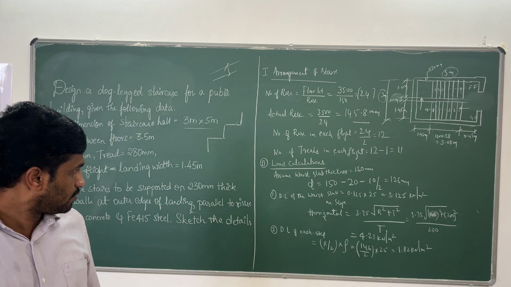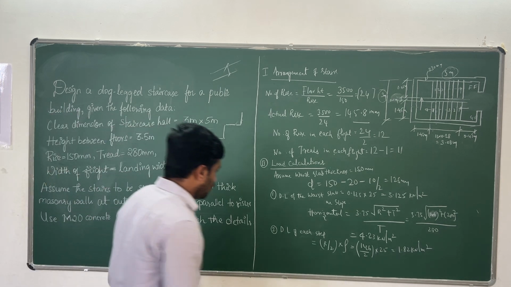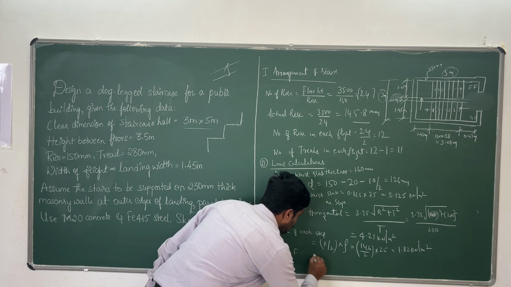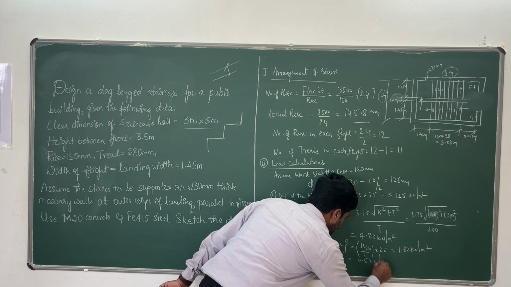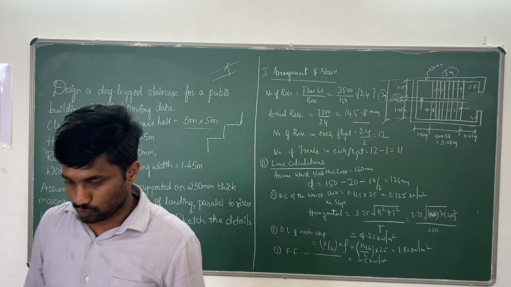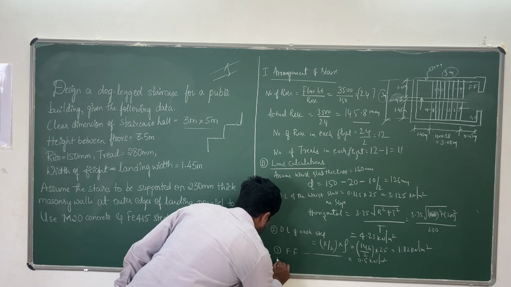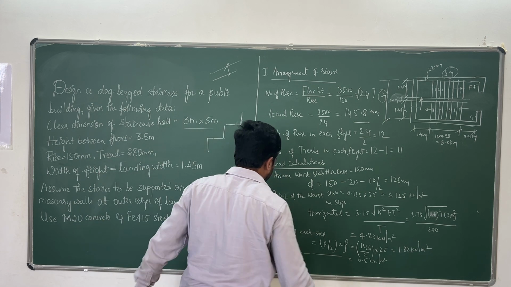Next, we are using floor finish. We will assume 0.5 kilonewton per meter square for the stairs' floor finish. And live load for public building, because the problem clearly mentions that it is a public building.